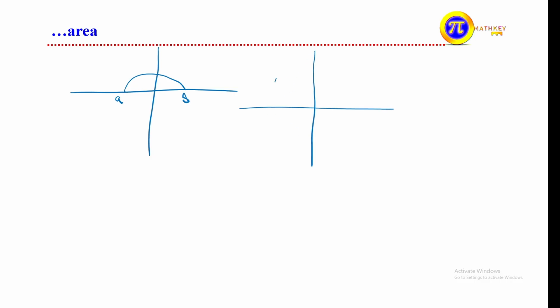Therefore, if the graph of our function, that is f of x, is like this above the x-axis, for instance this one, in this case we can take the integration directly between this a and b. If the graph of our function looks like this one, for instance this, here we have a, here is b, in that case we take the integration by making the values negative.